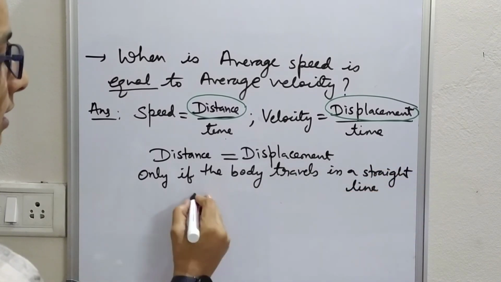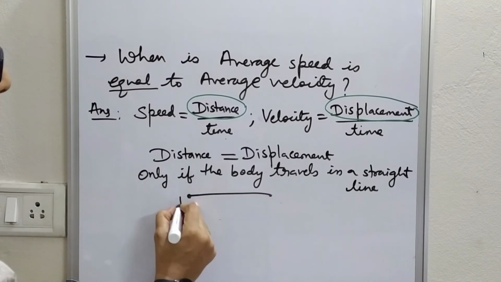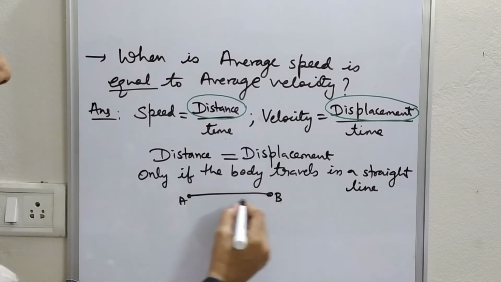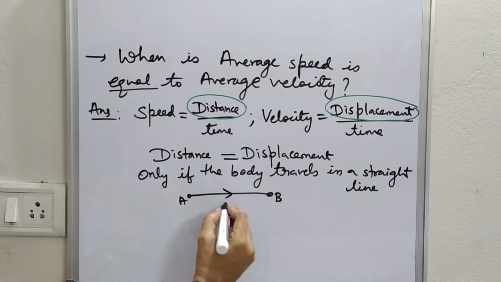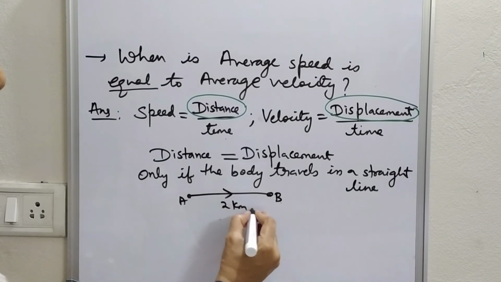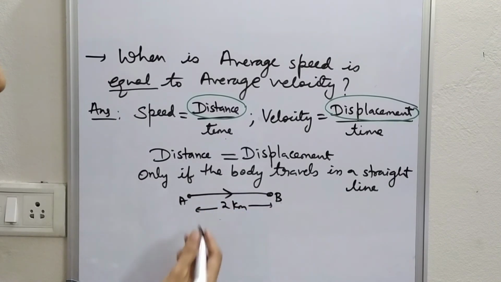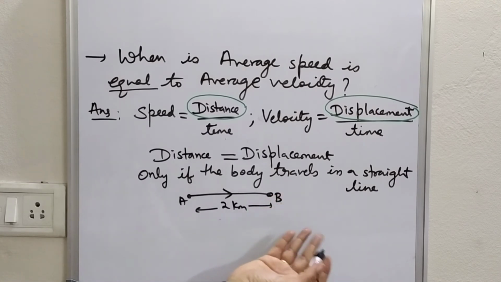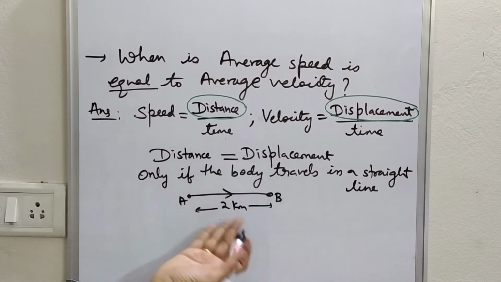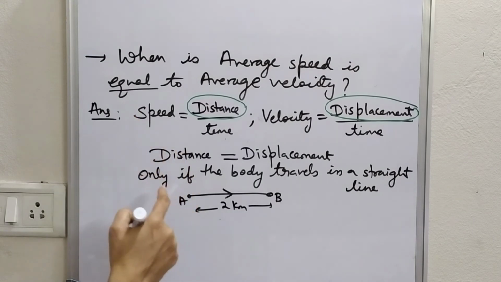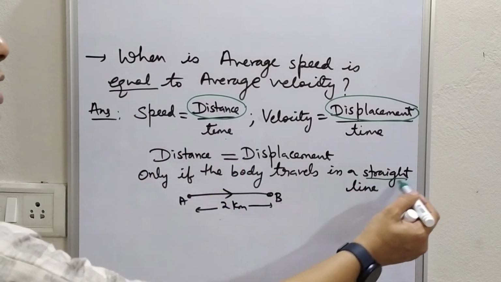Whenever a body travels in a straight line, say between the points A and B, from A to B the distance between these 2 points is some 2 kilometers. Then what is the distance travelled from A to B? 2 kilometers. And what is the displacement from A to B? That is also the shortest distance between points B and A, that is 2 kilometers. So distance and displacement will be the same if the body is in a straight line.